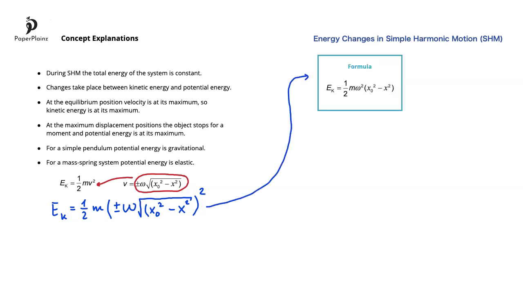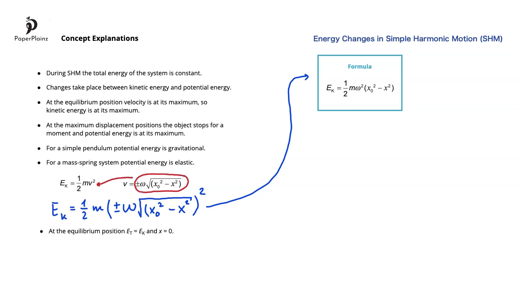As the object is passing through the equilibrium position, all of its energy is in the form of kinetic energy, so we can say that here ET, total energy, is equal to Ek, kinetic energy. Moreover, at the equilibrium position, x, the displacement, is equal to 0.